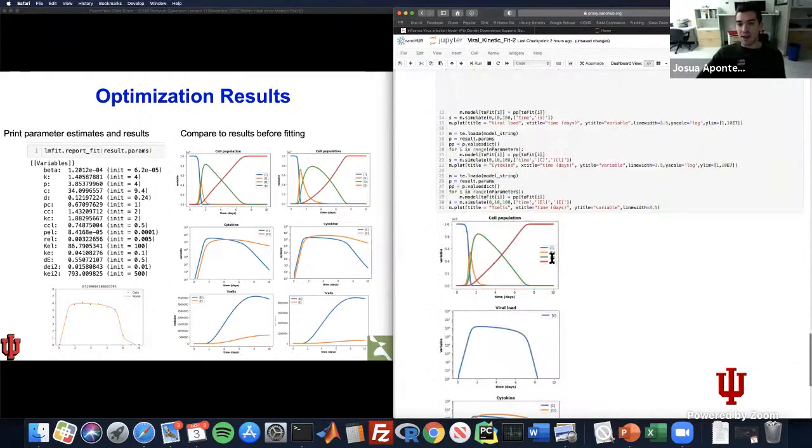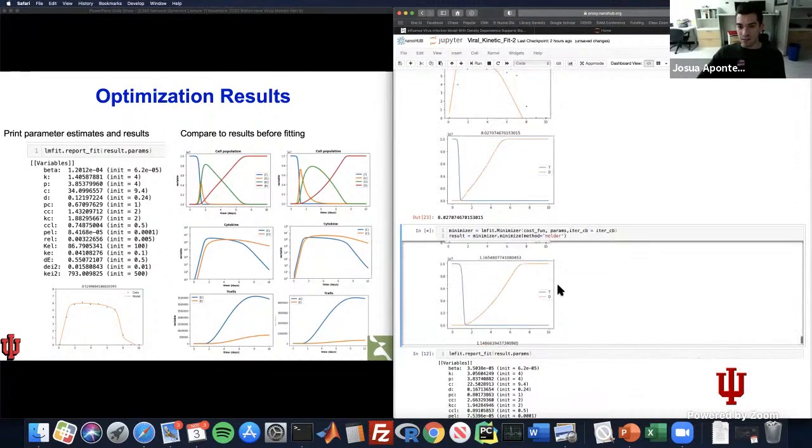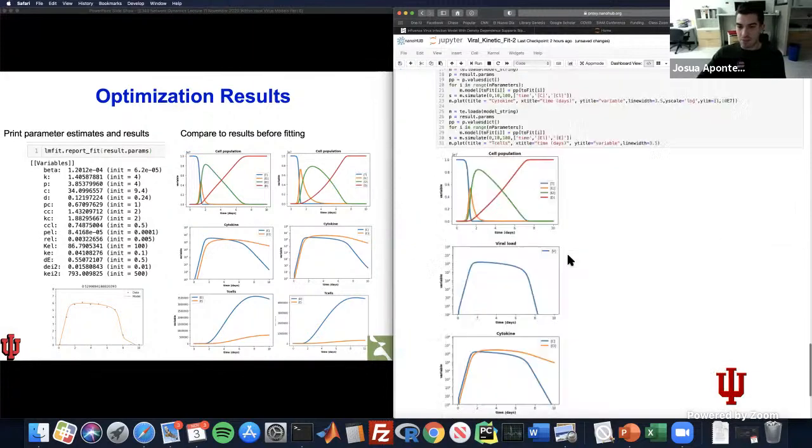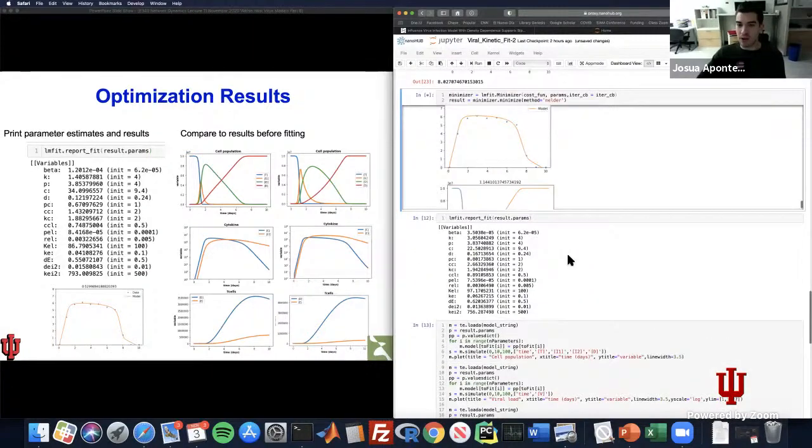Yeah, I think at least on my end, it's not putting a lot of effort into fitting that latest part.